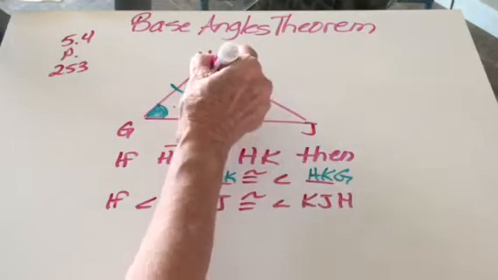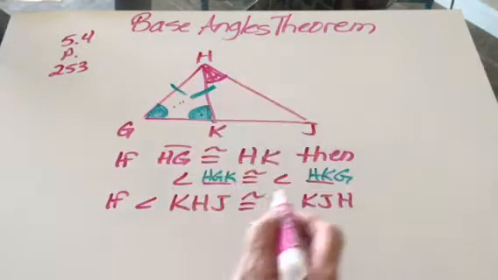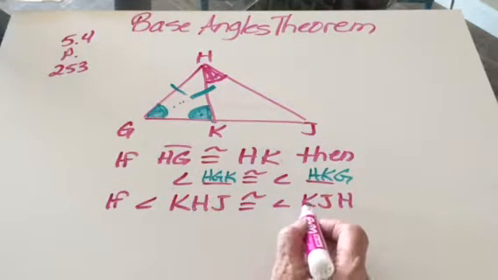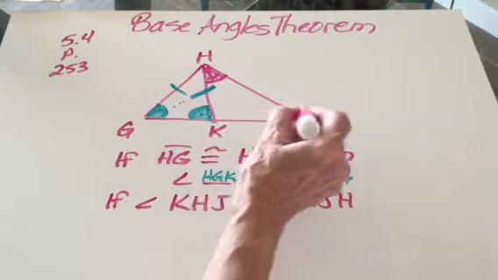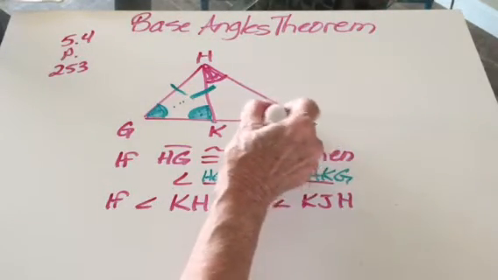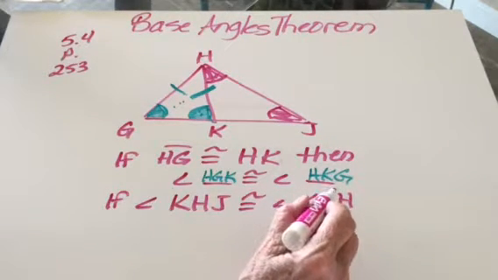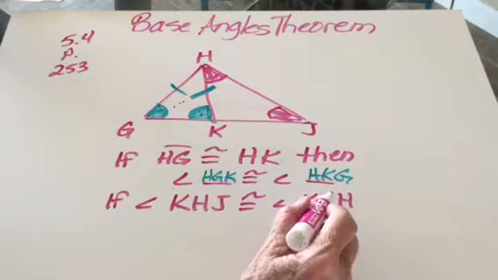KHJ. That means this guy right up here, if that guy is congruent to KJH, so it's this guy. All right, if those two angles are the same, then what two sides are the same? Would you be able to figure that out?